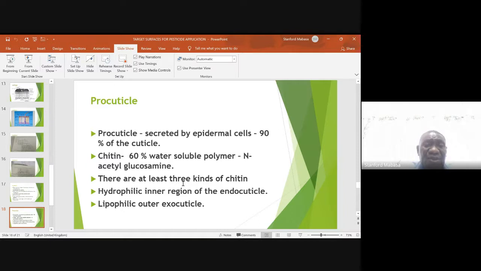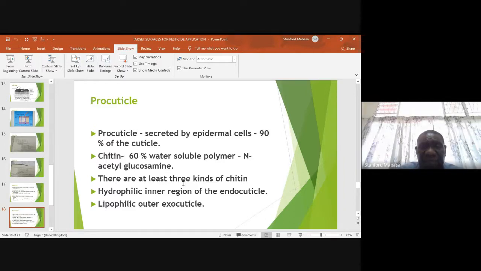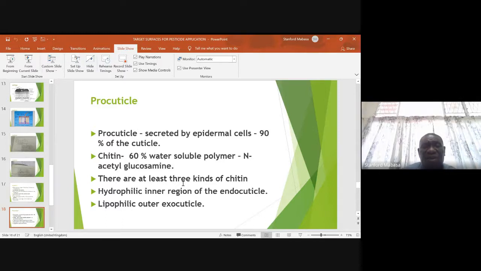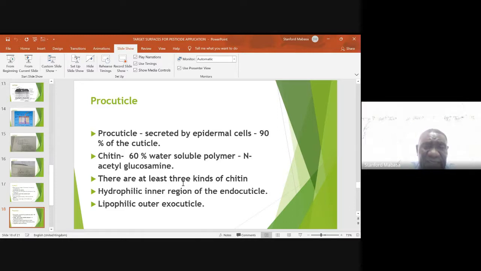We have what is called the procuticle. This is secreted by the epidermal cells. This is 90% of the cuticle. What is referred to as chitin is a 60% water-soluble polymer, N-acetyl glucosamine.